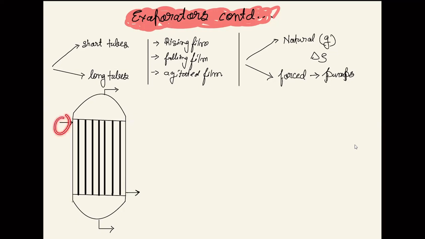We feed the steam on the tube side, and we get the condensate out from here. I need to draw one more arrow for the feed. We have the feed over here, and we get the concentrate and the vapors out. So this is steam in, this is condensate out, this is feed in, this is concentrate out, and these are the vapors out.